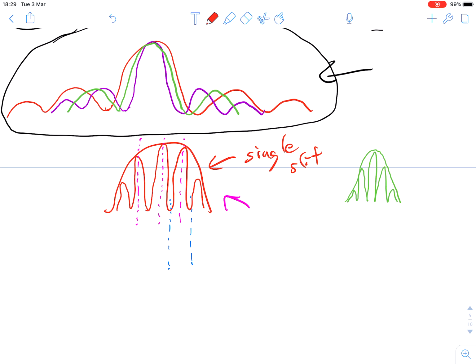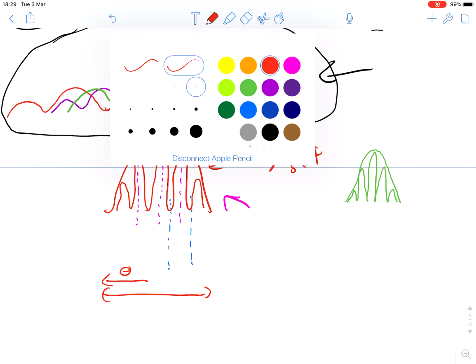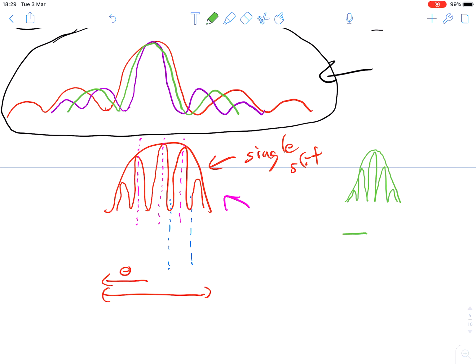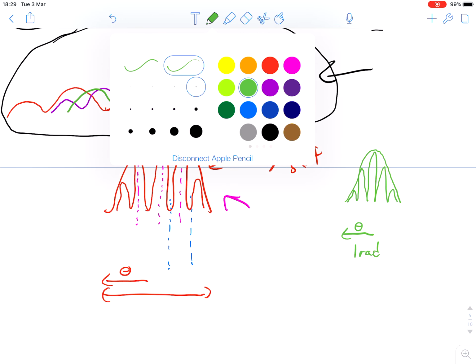So the big value there, and this is measured in radians. Okay, so as the angle shortens, again, let's say this is 1 radian, right?